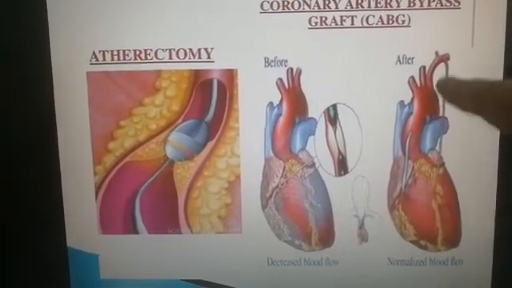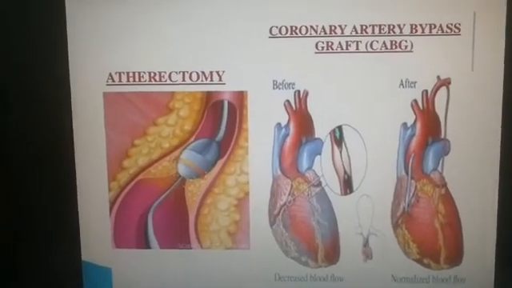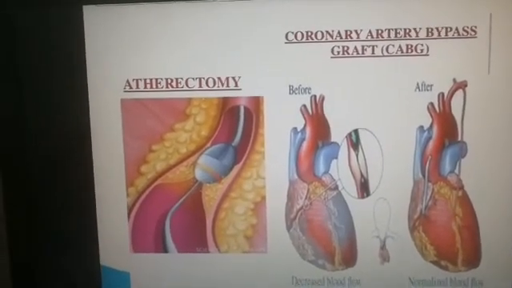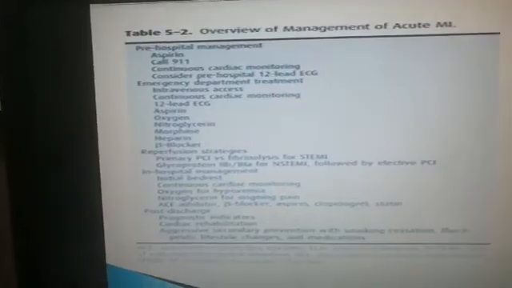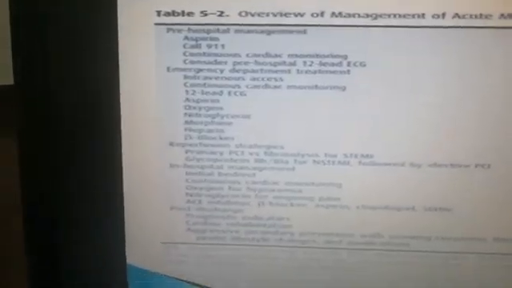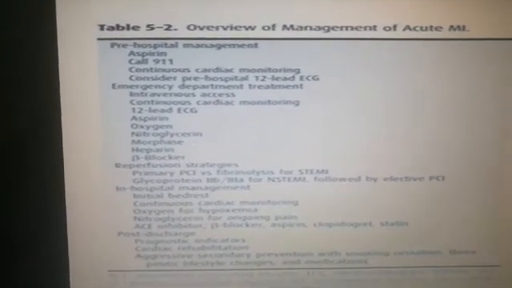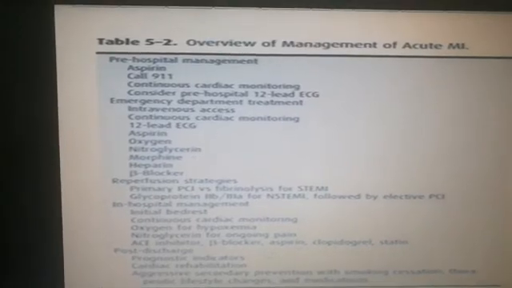From this coronary artery to here, this is the CABG, coronary artery bypass graft. And this is the overview of management of acute MI. This is very important, how you can manage acute MI.